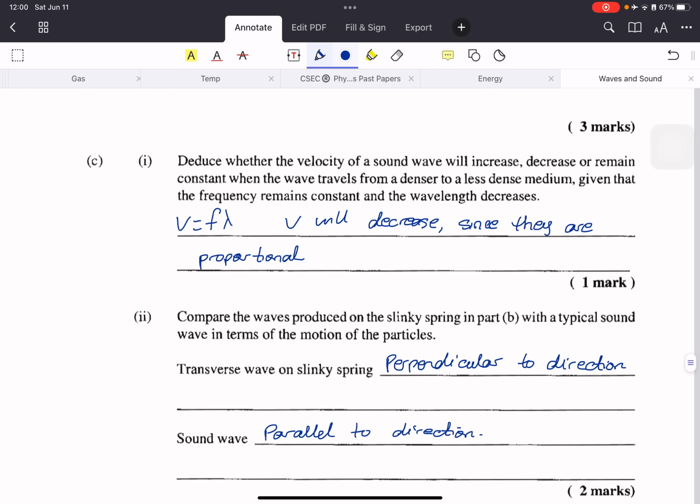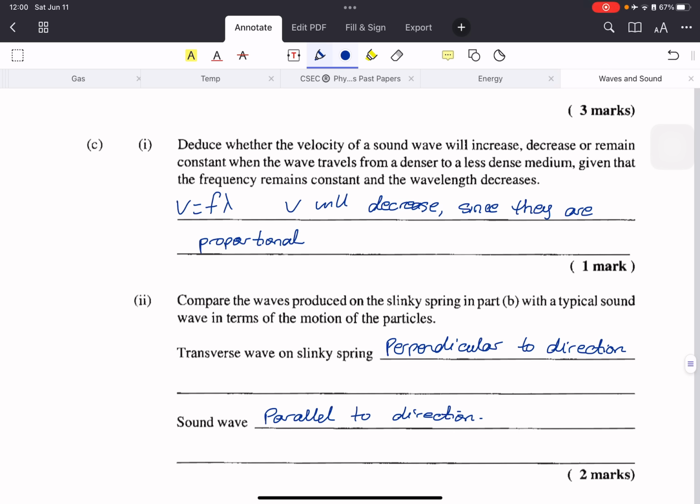Deduce whether the velocity of a sound wave will increase, decrease, or remain constant when the wave travels from a denser to a less dense medium, given that the frequency remains constant but the wavelength decreases. Well, this is very simple because we have our formula here, V is equal to F lambda. So you could see that the velocity of the wave is directly proportional to the frequency and the wavelength.